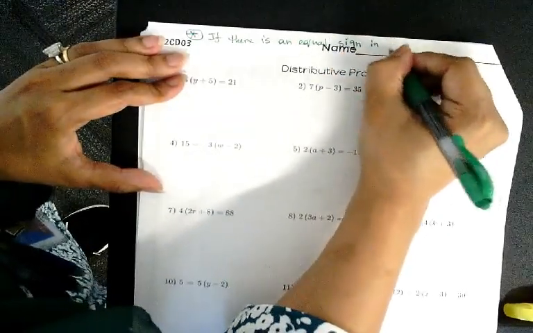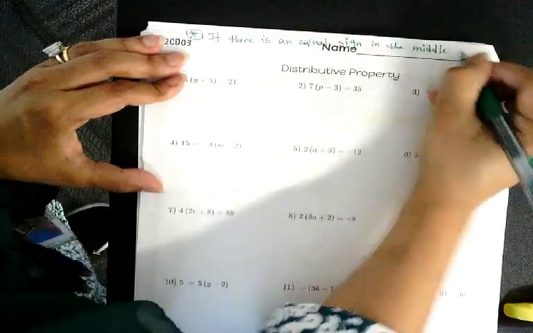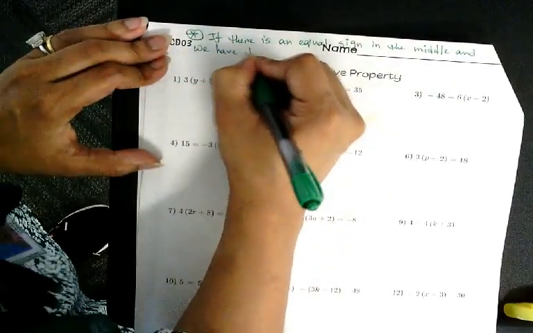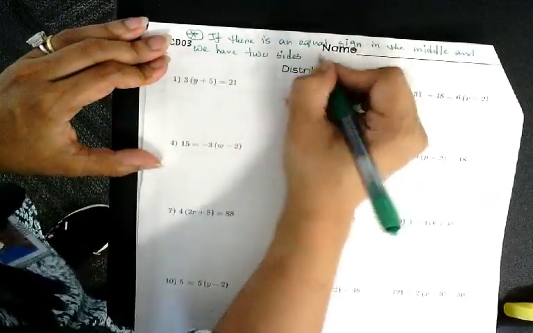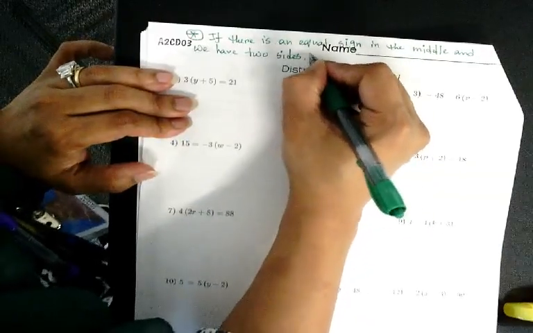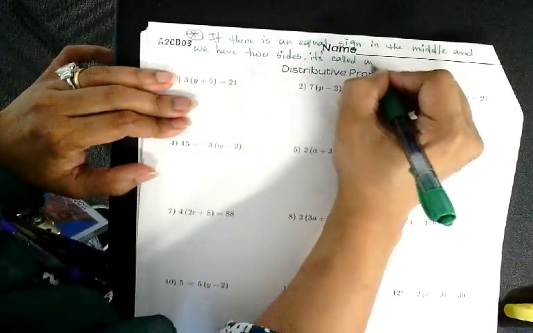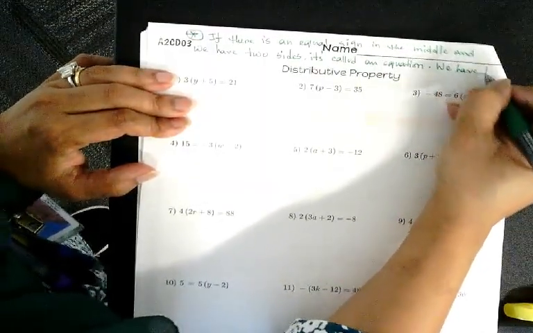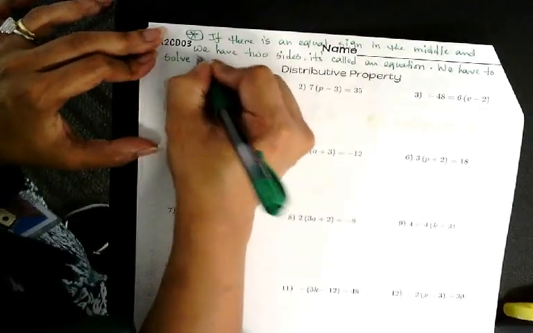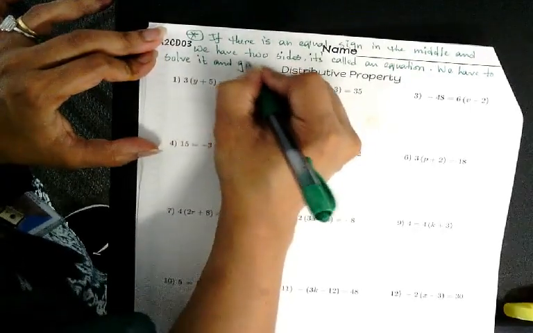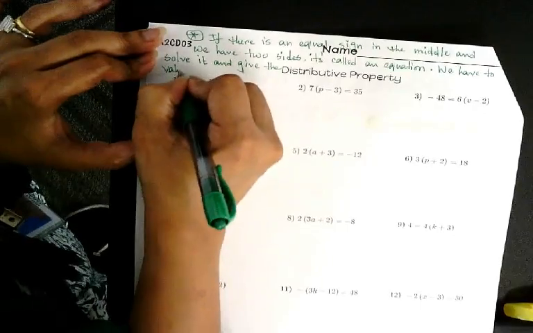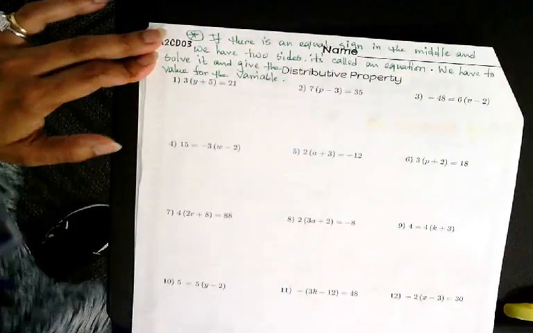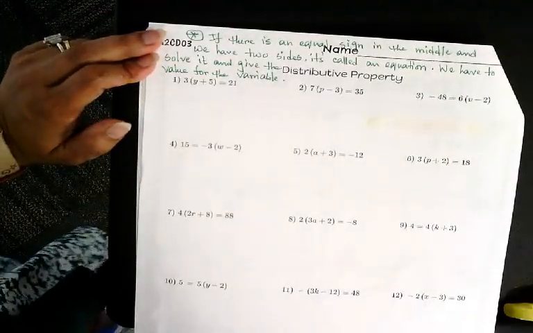If there is an equal sign in the middle and we have two sides, it's called an equation.